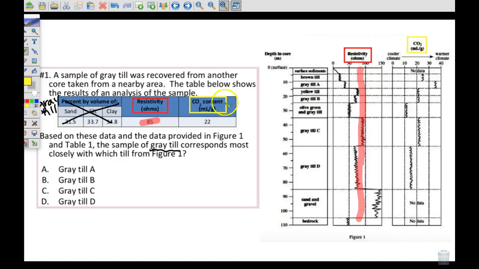And then for the carbon dioxide content at 22, this has a different scale. So if I think 22 is probably right by the 20 line, I'm going to see that my 2 lines both intersect data in a common till, and that common till is gray till C. So the answer to number 1 is C.